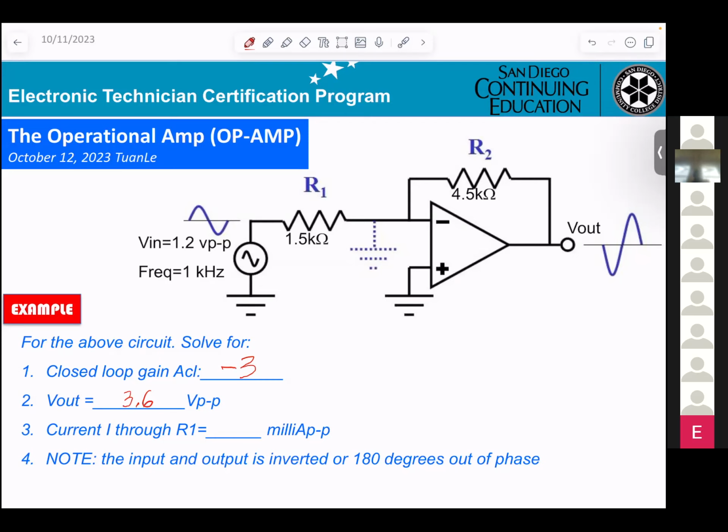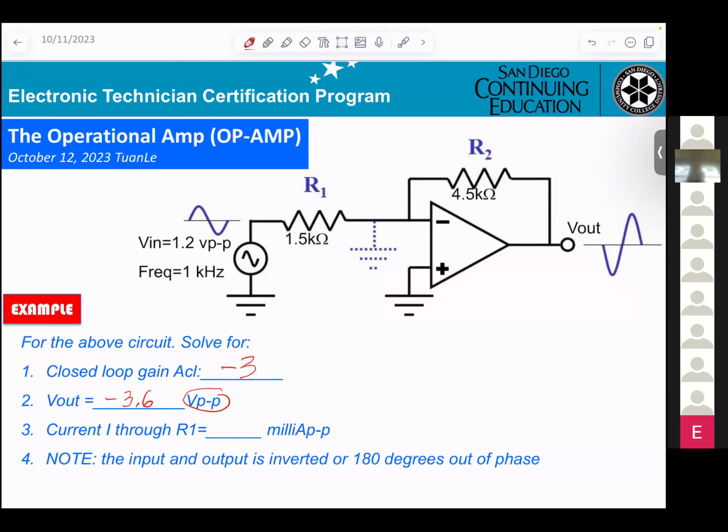However, you understand AC, the peak to peak. If you put negative, that's okay. Just telling you, input, output, our phase. The answer will be minus 3.6 volt peak to peak.